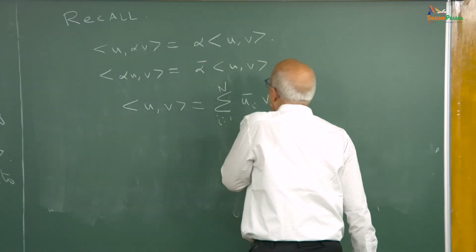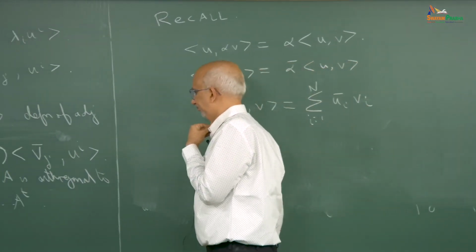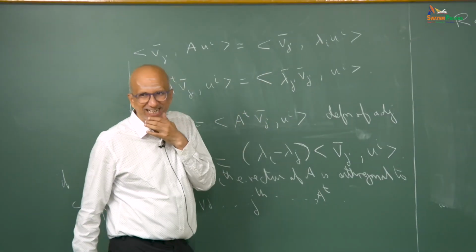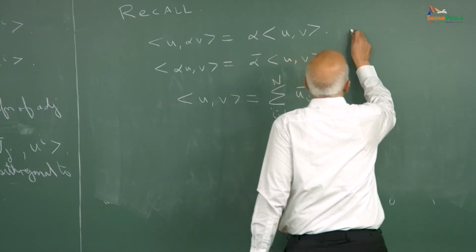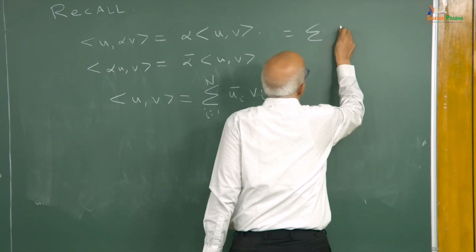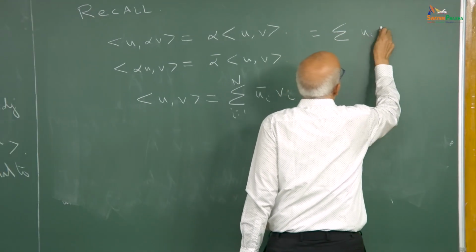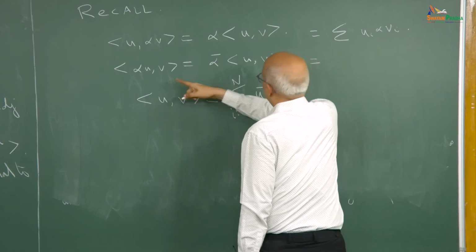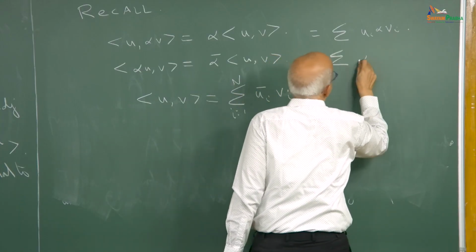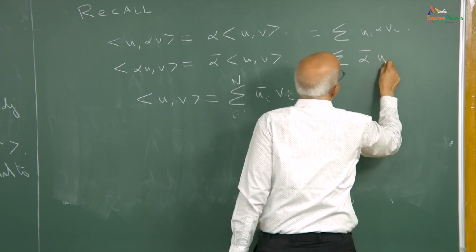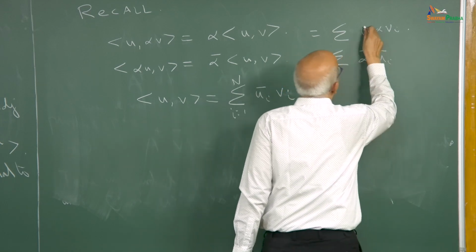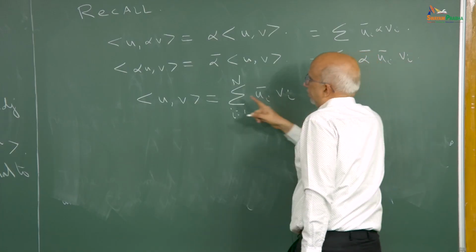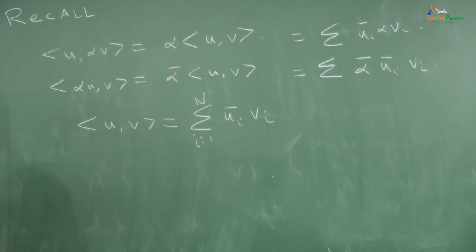Is it clear? So, this is equal to, by definition, sigma ui alpha vi, and this is equal to, by definition, sigma alpha bar ui bar vi, because alpha is the first variable.